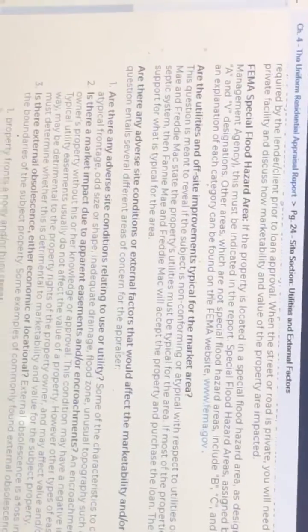Are the utilities and off-site improvements typical for the market? The question is meant to reveal if the subject is non-conforming or atypical with respect to utilities or off-site improvements.